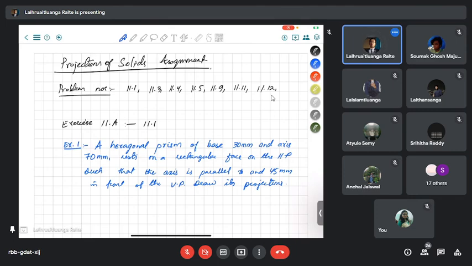So when it is parallel to both the planes, on the top view and the front view, we cannot see the profile, right? So as we cannot see the profile, there is another plane which we must add. What is the name of that plane?